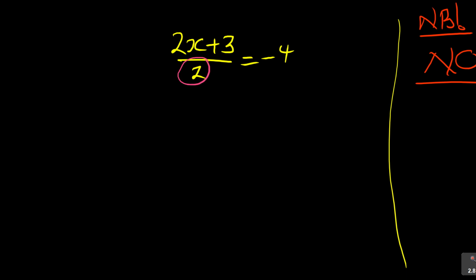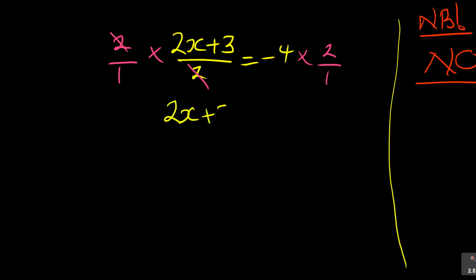So what do you do? You simply multiply by 2 over 1. Remember that part. What you do on the left, 2 over 1, do on the right. That's how this goes. See that? Then what do you have? You can now write 2x plus 3 is equal to, now it's minus 4 times 2, which is negative 8. Check with the calculator. That's negative 8.